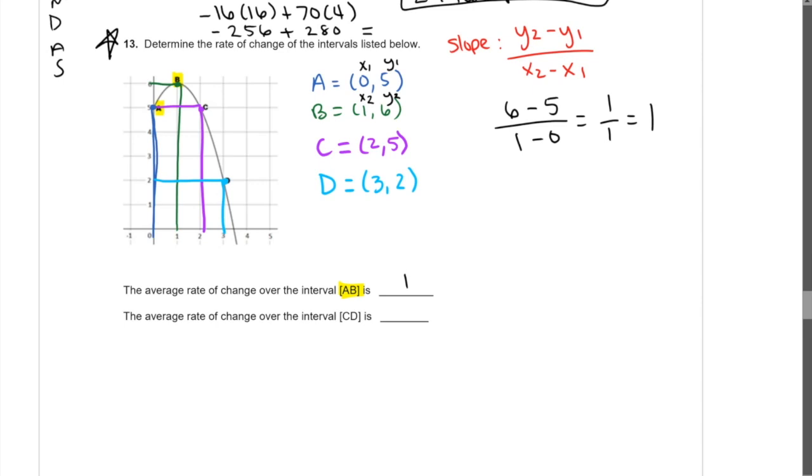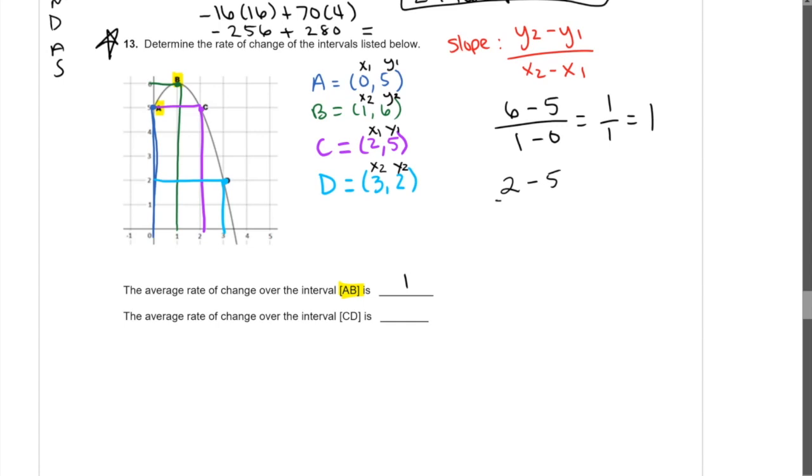Now I'm just going to put my x1s, y1s. So x, y, x, y. I'm going to put little ones right here so I know these are x1s because these are my first ones. And I'm going to put 2s right here. Now I'm just going to follow my formula. So y2, well, y2 is 2 minus y1, y1 is 5.